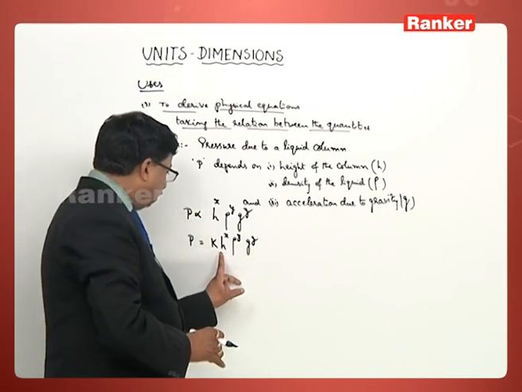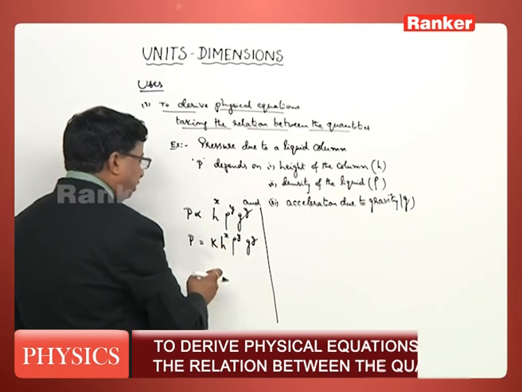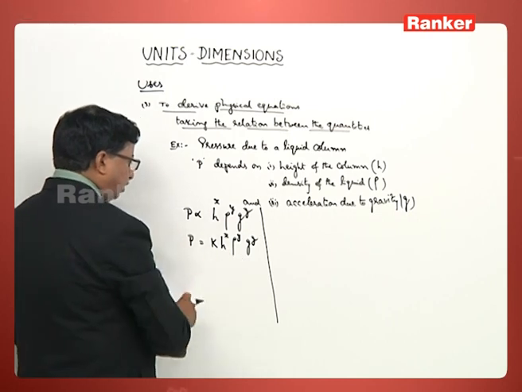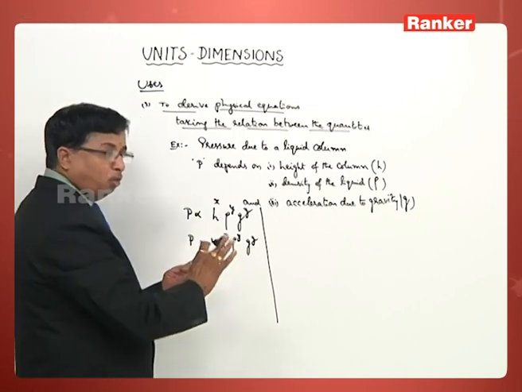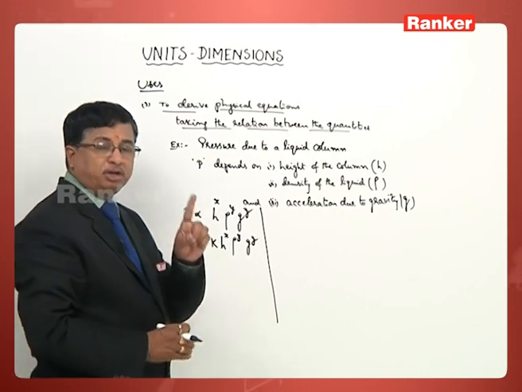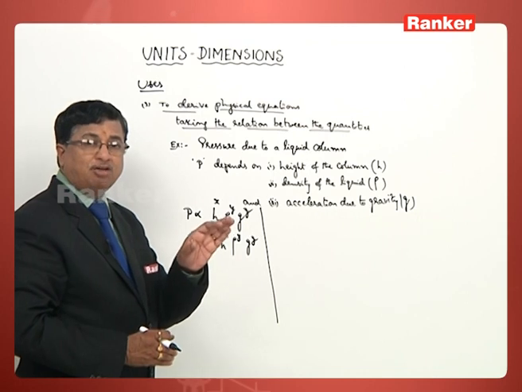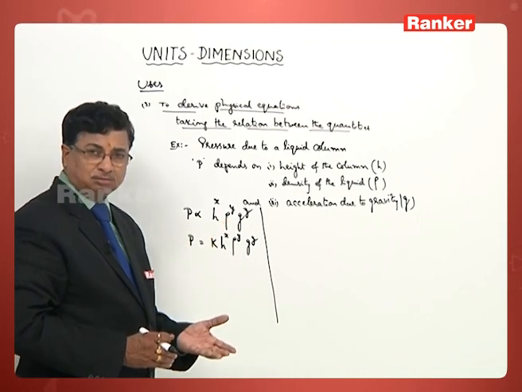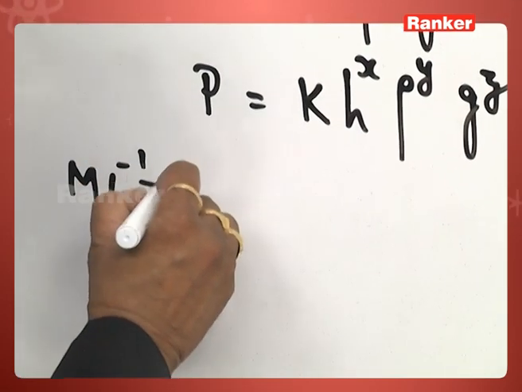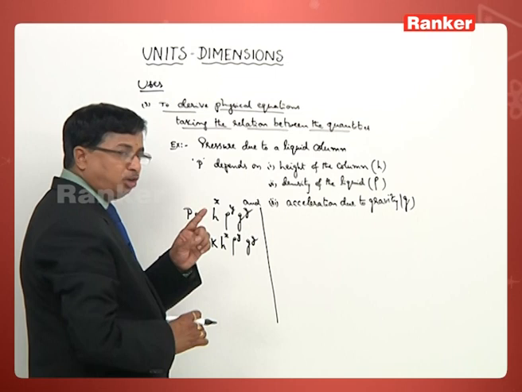So, when you talk about h power x, rho power y, g power z, just take the dimensional formulae of all the known quantities out of the equation. Why should we write? When this is the equation which is true, dimensionally also that equation is supposed to be correct. That means LHS and RHS, when we write dimensional formulae, they are supposed to be equal. So, if I take here, we will be getting M L inverse T power minus 2. That is the dimensional formula for pressure which one needs to remember directly.